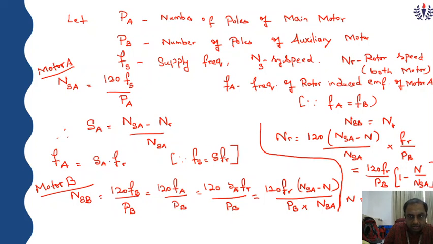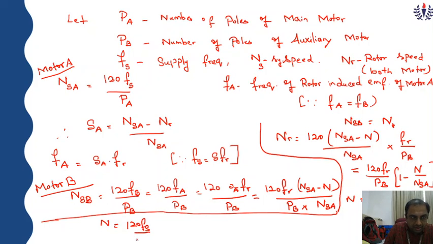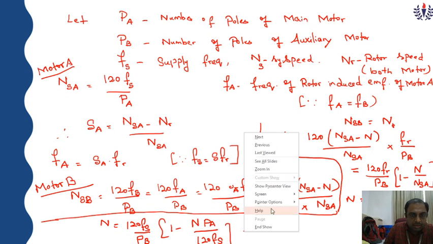What is NSA? It is 120 Fs by Pa. Then N equals 120 Fs by Pb into 1 minus N Pa by 120 Fs.